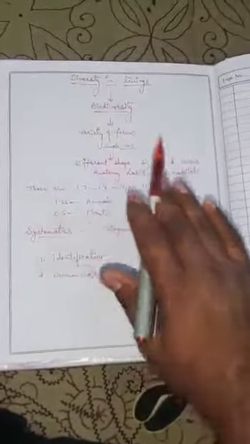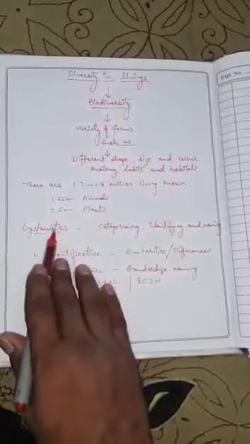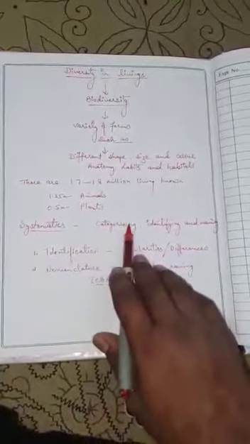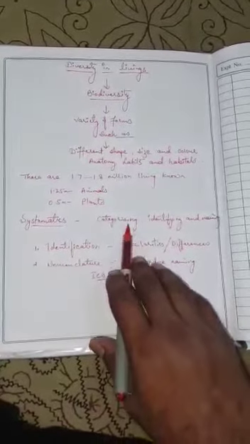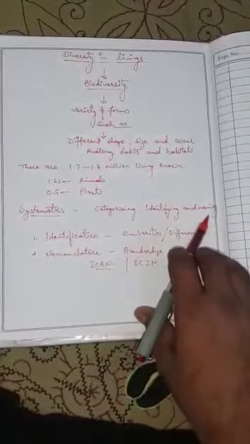Now, this diversity, this living world is very big, and just to make the study of this living world simple, there is a branch which deals with it. This is known as systematics, in which animals are categorized on the basis of their similarities and differences. They are identified and then their naming is done.